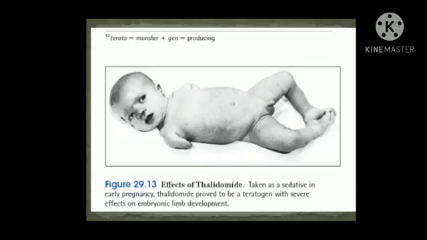So it was very famous and given to and taken by all pregnant women who were very nervous. But after some time many children were born with the same phenotype or habitus. So it was very interesting.